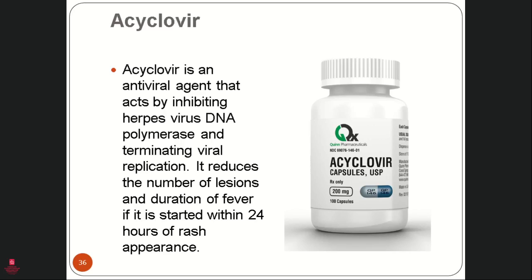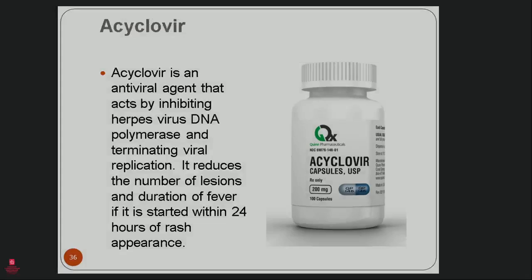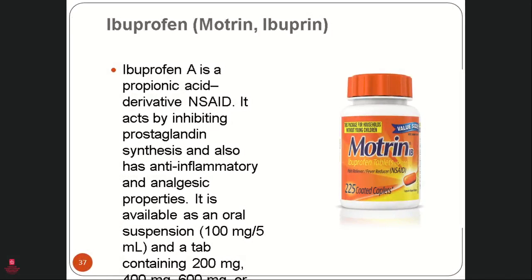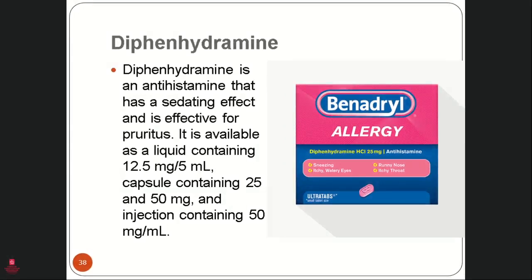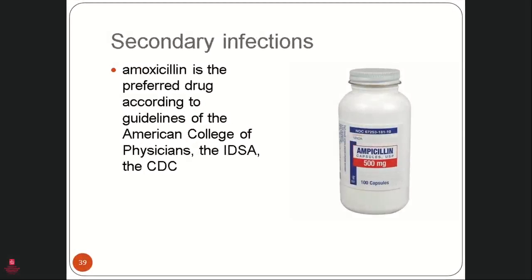It reduces the number of lesions and duration of fever if it is started within 24 hours of rash appearance. Ibuprofen and diphenhydramine, an antihistamine that has a sedating effect, are effective for pruritus.